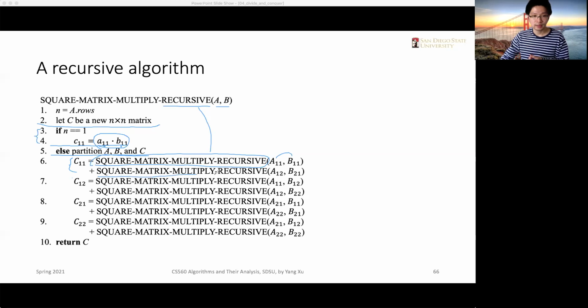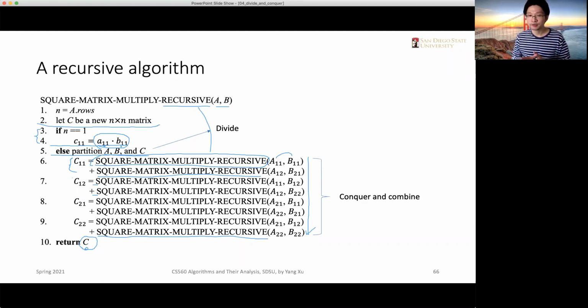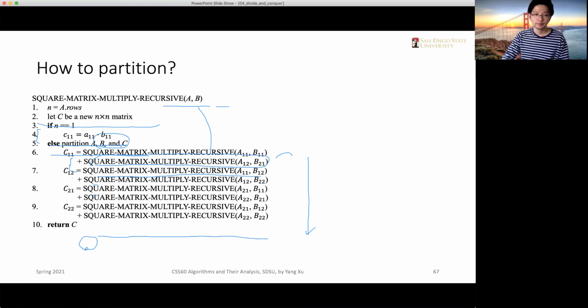So there's a second recursive call, third recursive call, fourth, until all the 8 recursive calls are invoked. We basically need to solve all these 8 recursive calls. And as the result, we will finally return the C after all the recursive calls are done. All these recursive calls will invoke further recursive calls if the problems are divisible. All right. So this is quite a clear divide and conquer approach.